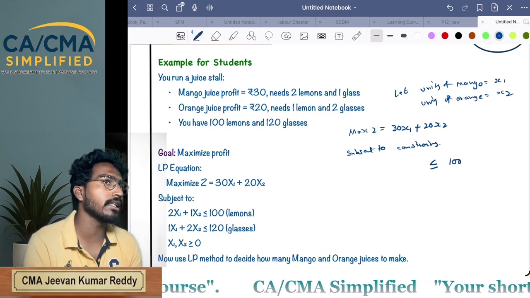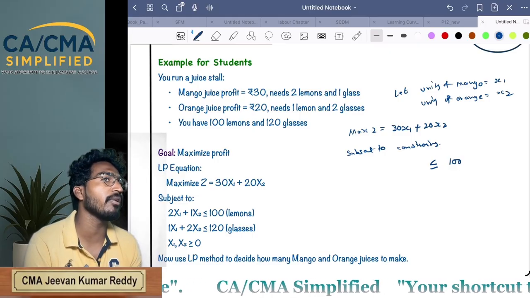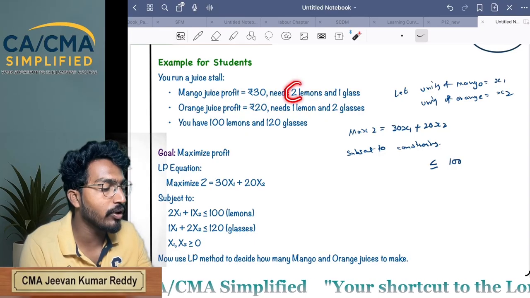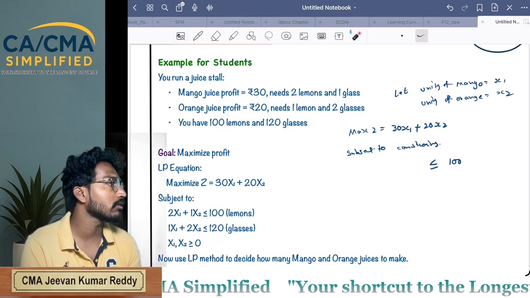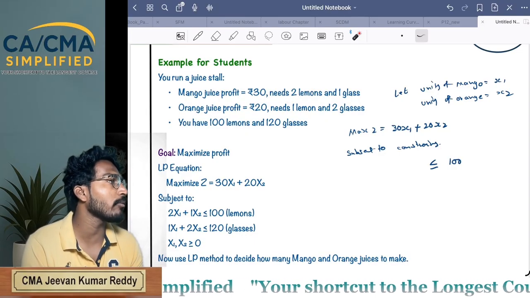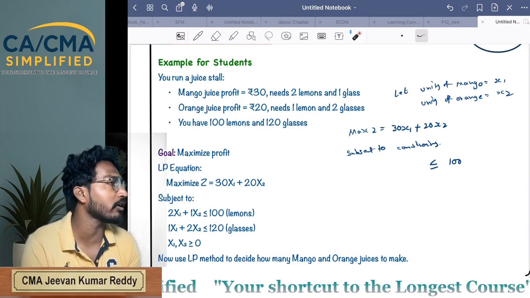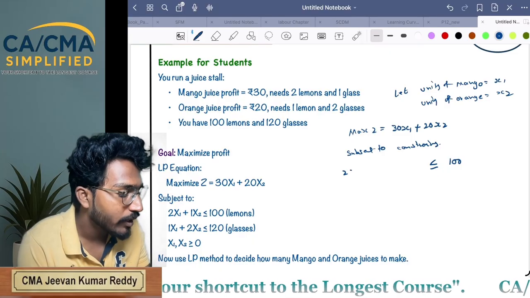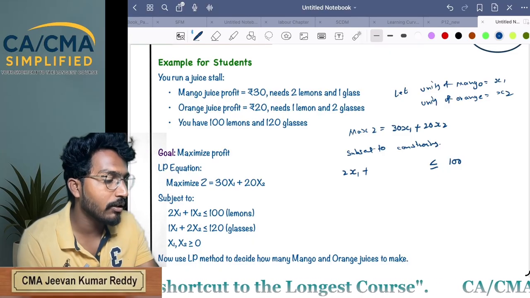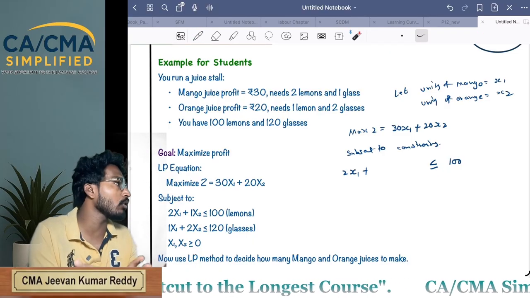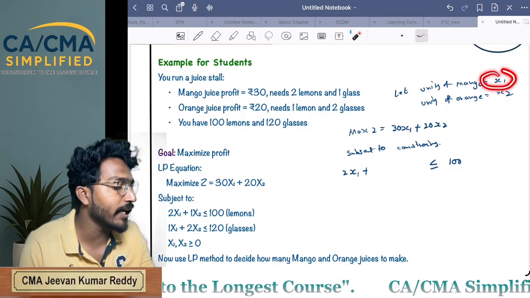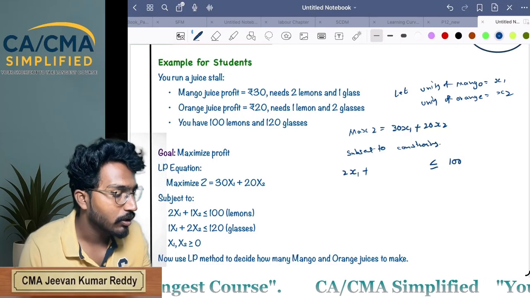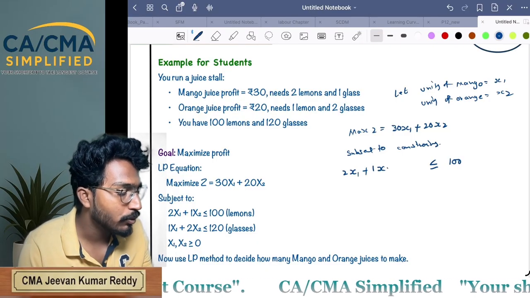Now how to get the amount of lemons consumed for mango juice? For each mango juice you want how many? 2 lemons. So total number of lemons consumed for mango juice is 2 into x1. Why? Number of units of mango juice you don't know. That's why we take it as x1 into 2. Next 1 x2.